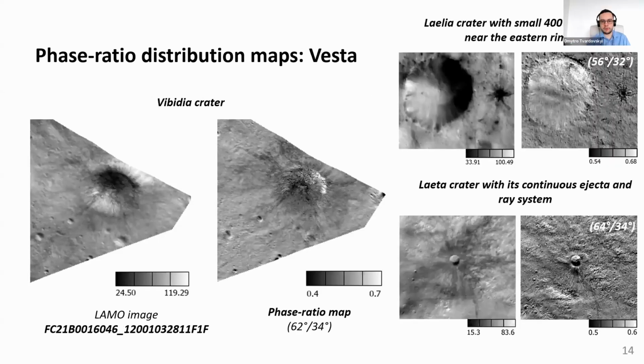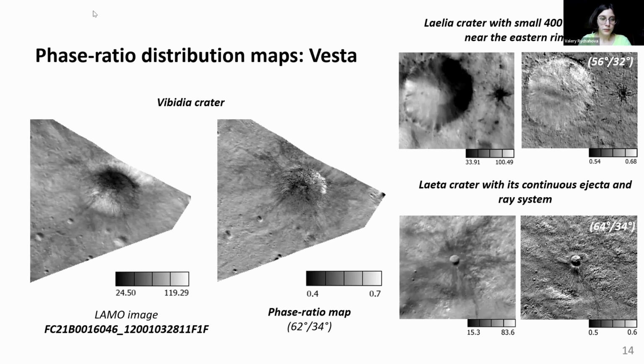And we are running out of time, so let it be the last slide, and then the conclusions, please. Okay. And the opposite situation we have for Vesta. For Vesta, the most prominent features are connected with areas with increased optical roughness, and almost all of it is connected to low albedo dark material.